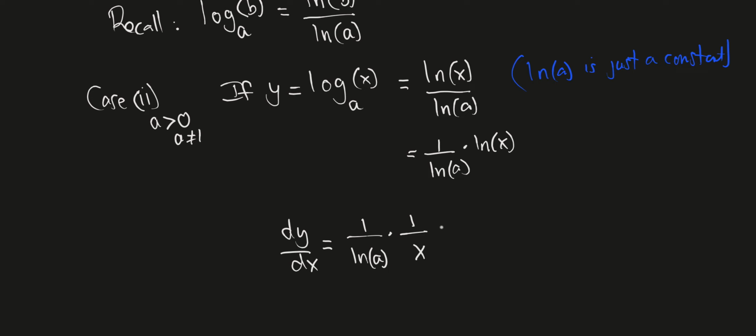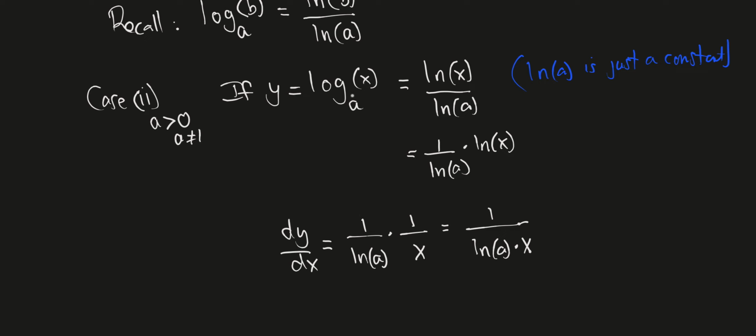Multiplying these two fractions gives me the rule that the derivative of any logarithmic function is 1 over the natural log of a times x. And again, keep telling yourself that this natural log of a is a constant. So now we can differentiate, in theory, any logarithmic function.